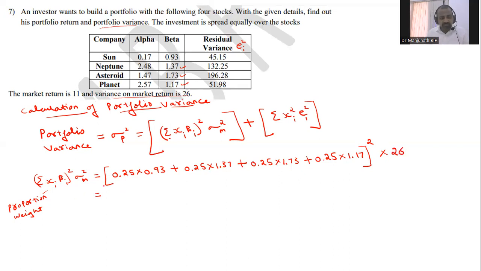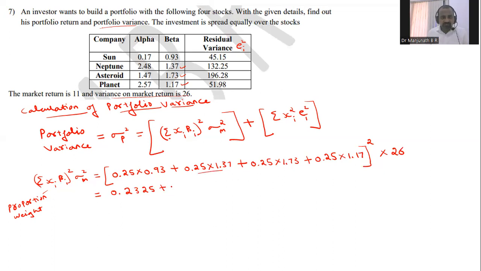Now, I'll have to simplify this. If you do the multiplication of 0.25 into 0.93, you should be able to get 0.2325, plus 0.25 into 1.37.